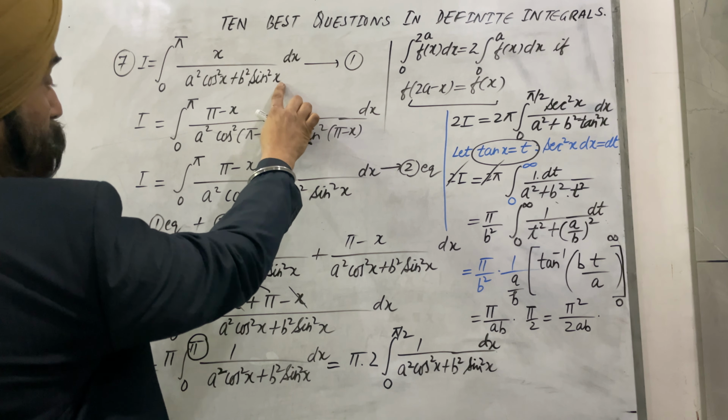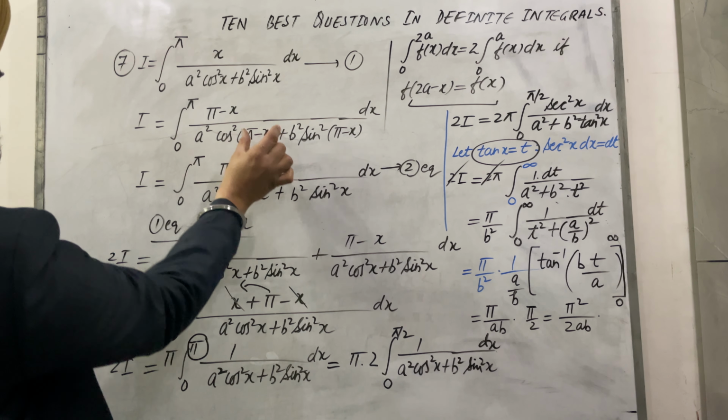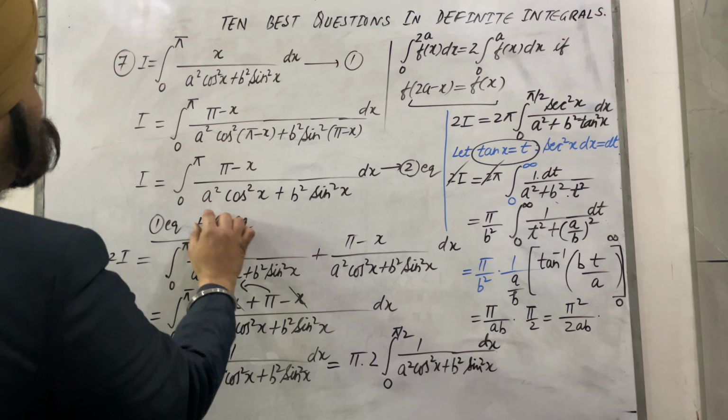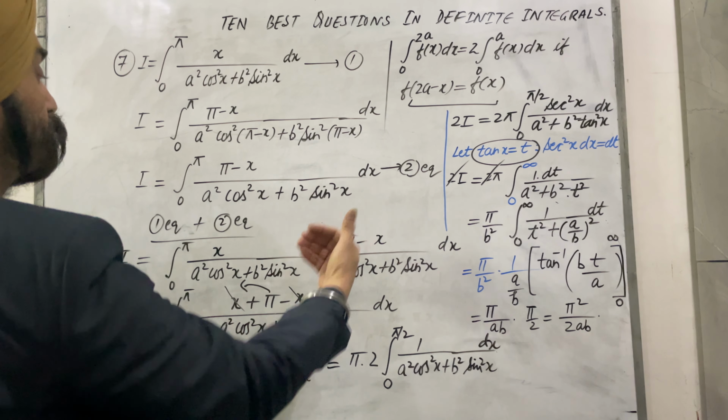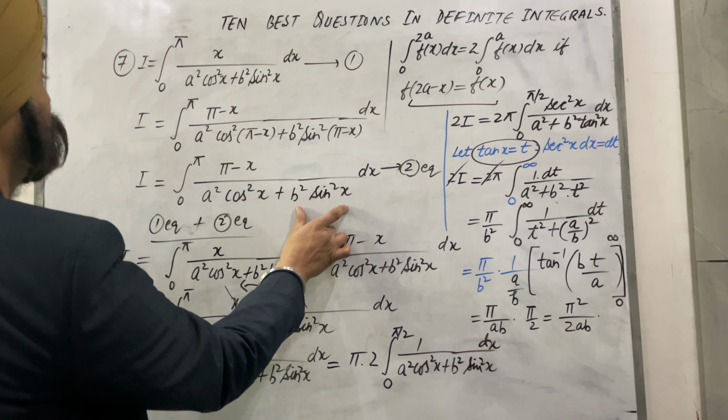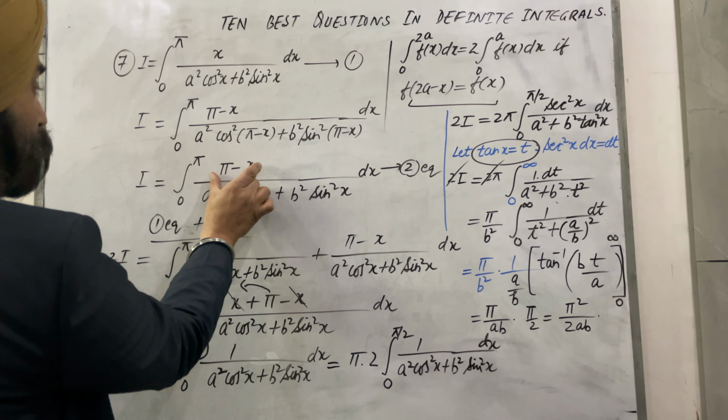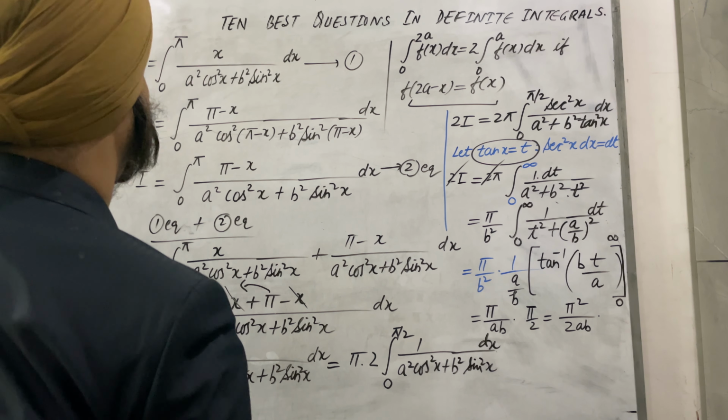Now cos of pi minus x is minus cos x, but because of the presence of the square, that minus will be converted to plus, so we get cos square x back here. So a square cos square x, and b square sin of pi minus x is already sin x and its square is also there. So we get b square sin square x. So the numerator has been converted to pi minus x. This is the second equation.